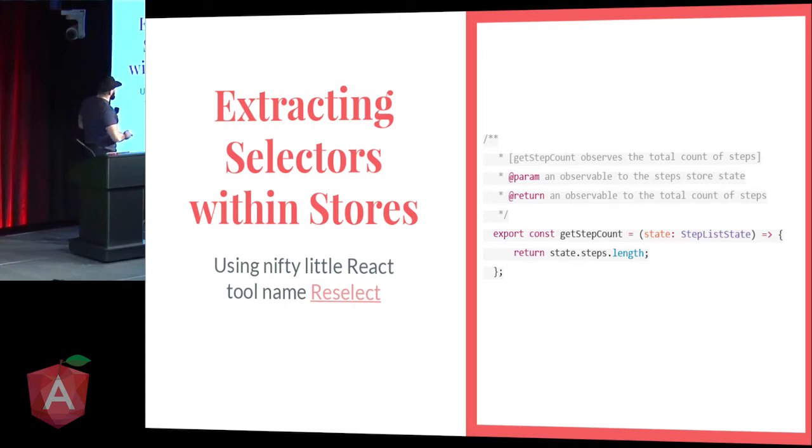So what we're going to do is extract selectors within our stores, and we are going to create observables to extract information that's actually going to be modified. Here we are going to get the step count, which is basically the measurement of how many steps you took within your step list.